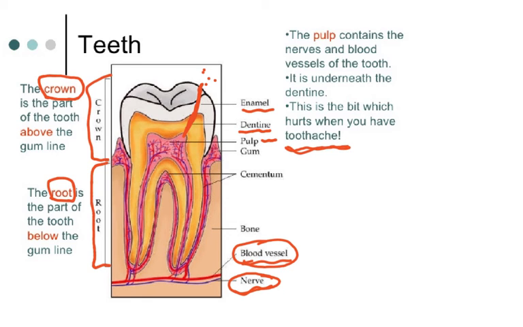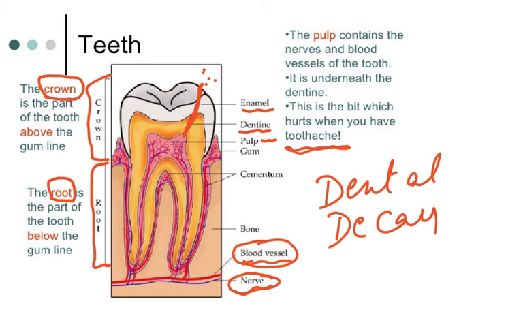Now we don't want that to happen, so in order to prevent dental decay, we need to look after our teeth, and we're going to study how to prevent dental decay.